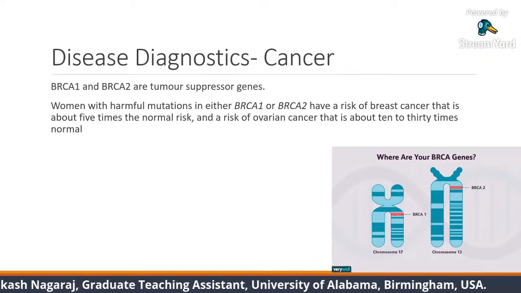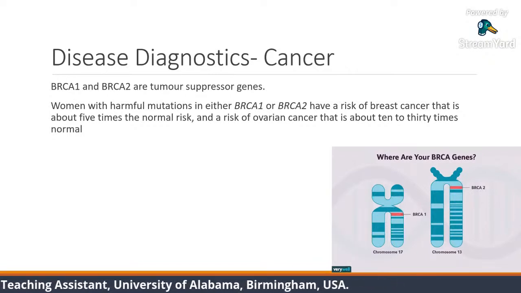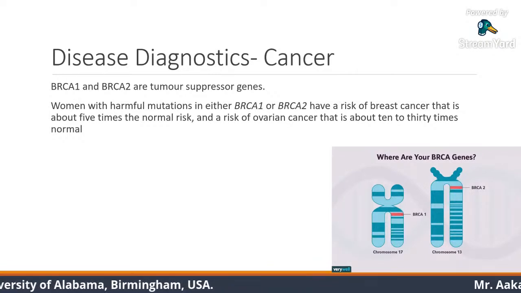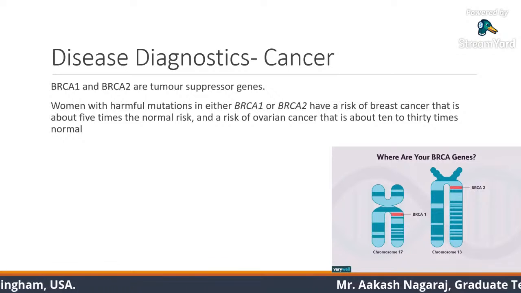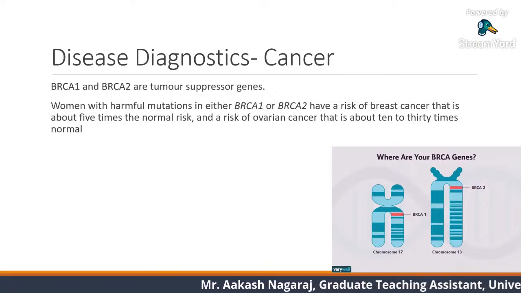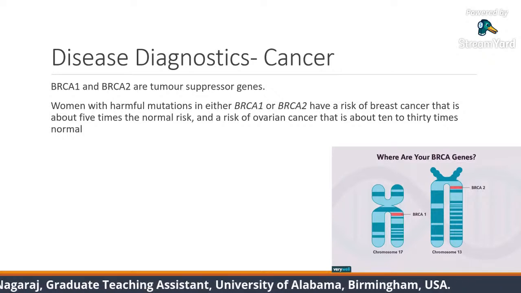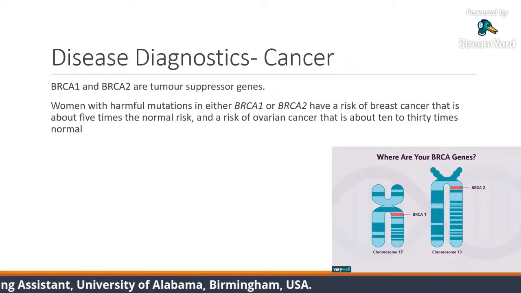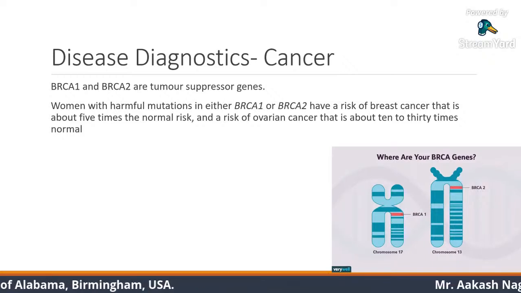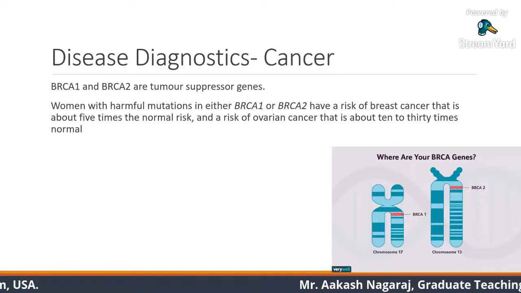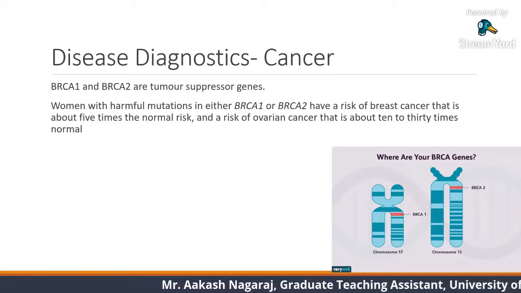And one more use is in disease diagnostics. So by sequencing using genomics, whether sequencing a genome, we can find out our risk of getting certain diseases. One of the examples which I have shown here is cancer. So there's a particular gene known as BRCA gene.